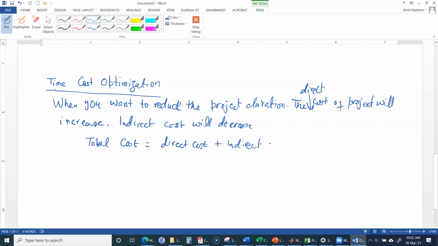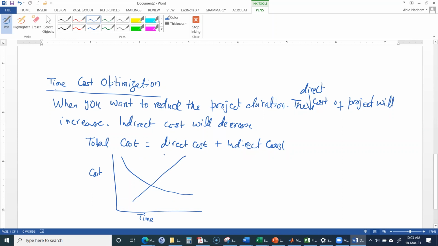So for example, if we have this cost-time chart, if we decrease the duration of the project, the direct cost will increase like this. The duration is more here; decreasing the duration of the project, the direct cost will increase. But the indirect cost will decrease with the reduction of the project duration.